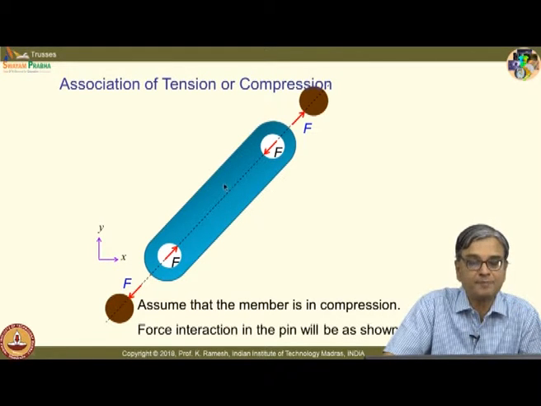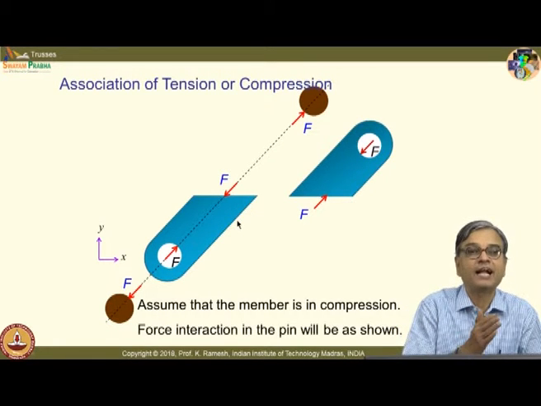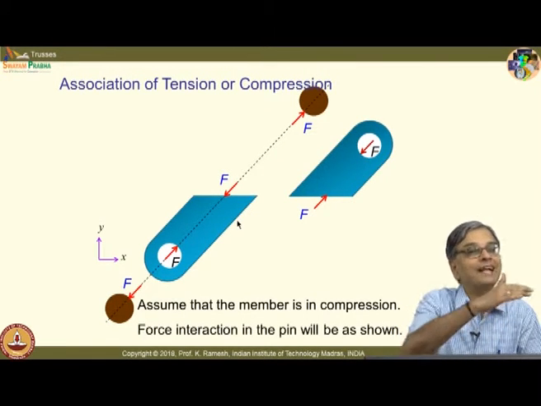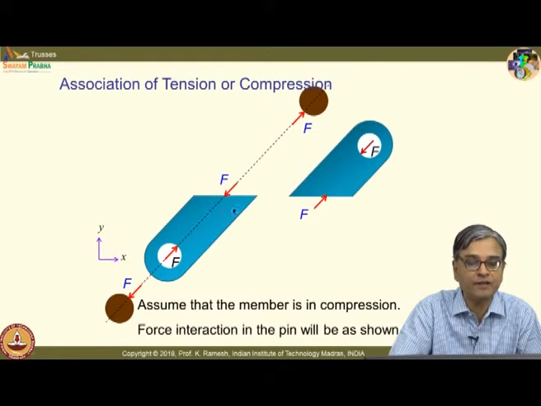Suppose I cut this member, what happens? I cut this member, I separate them and I put the interaction. Then again I see that the member is in compression. In fact, I had isolated the joint by cutting the member. And when I cut the member, I have a place where I will put the force interaction.